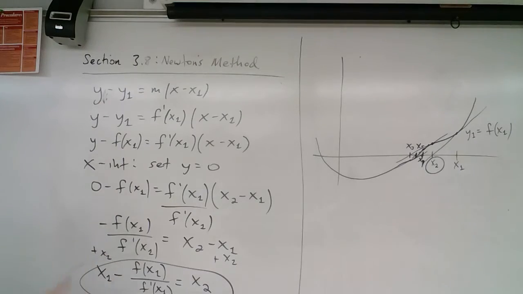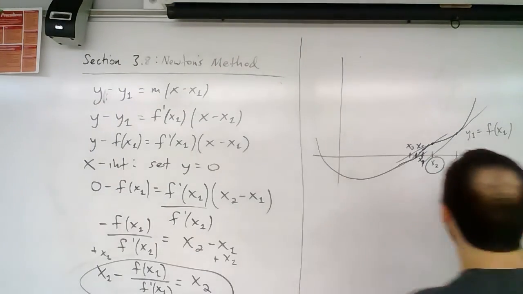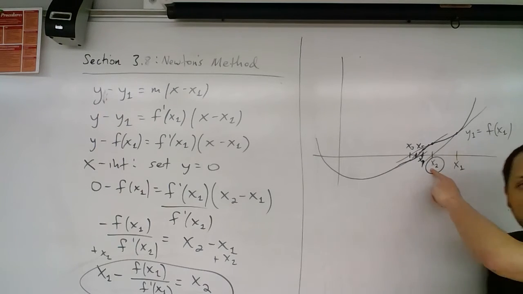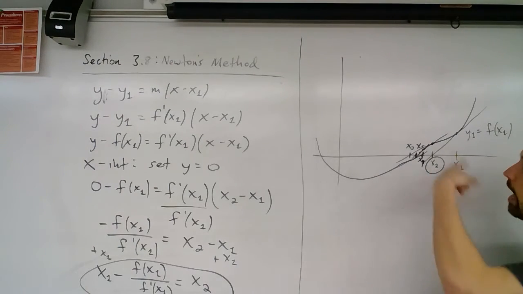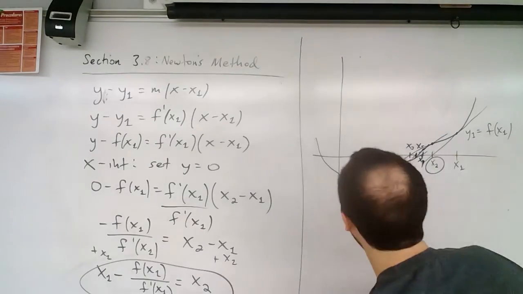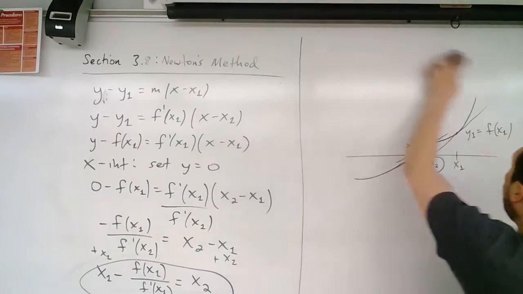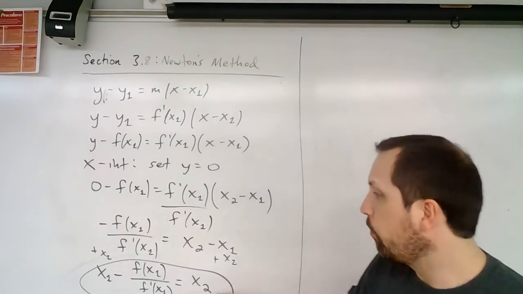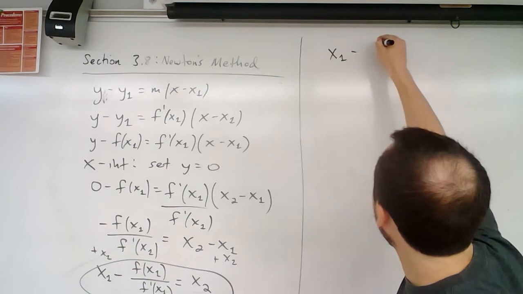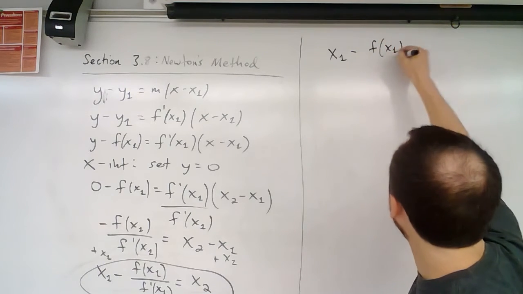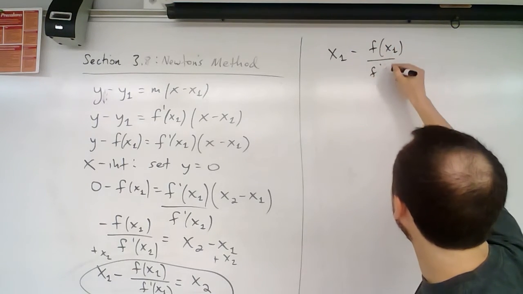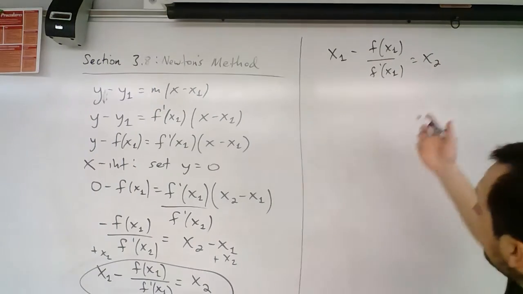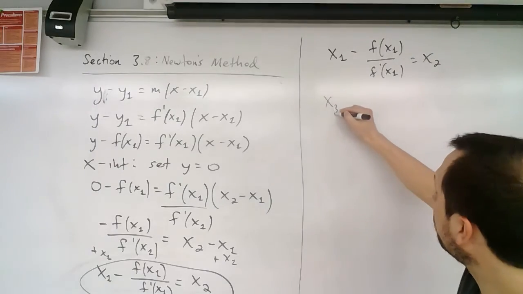Now, notice that's just the first step, right? We said that over here, I have my x1, then I said x2 is a better approximation, but x3 was an even better approximation than that, and then x4 and x5. So what we can now create is this repetitive process. If we have x1 minus f of x1 divided by f prime at x1 is equal to x2, well, how could we find x3?